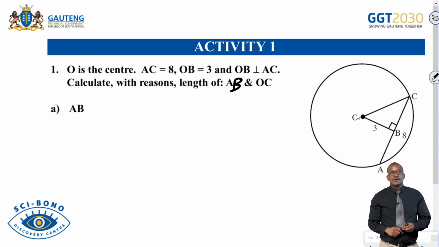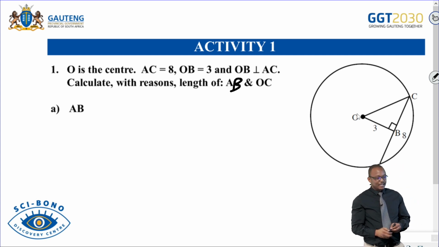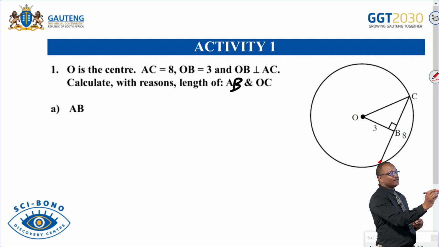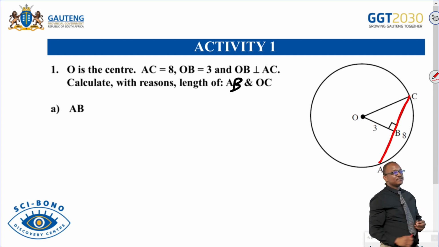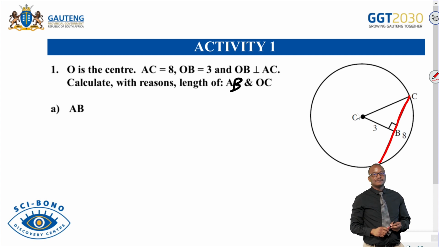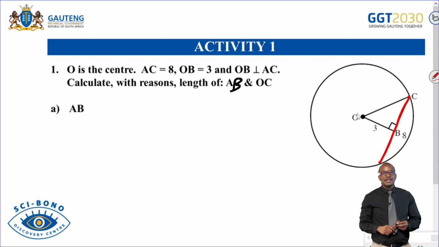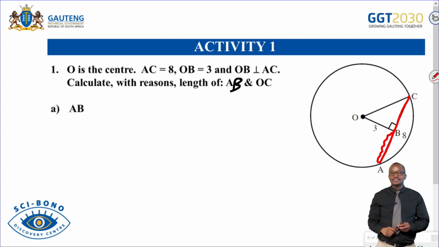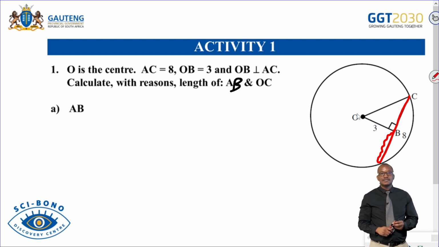So now, looking at the statement there, it is given that the length from A to C is 8 units. Then now we have to calculate the length of AB. It means we need to calculate half of that length.